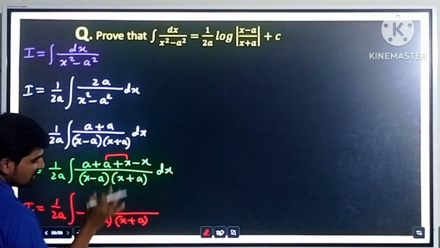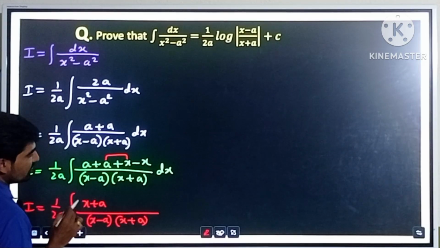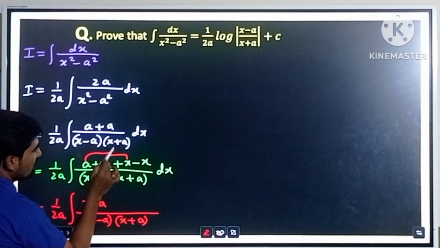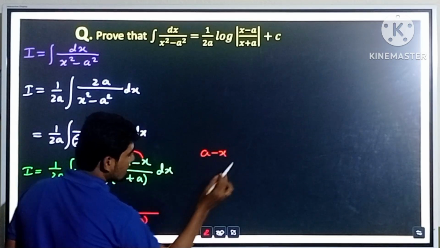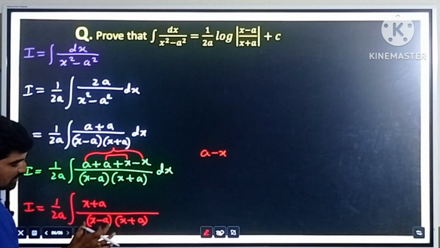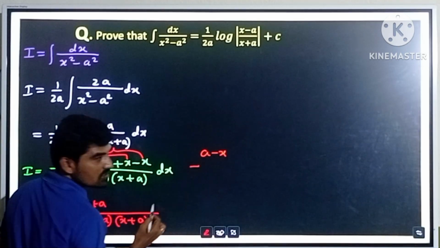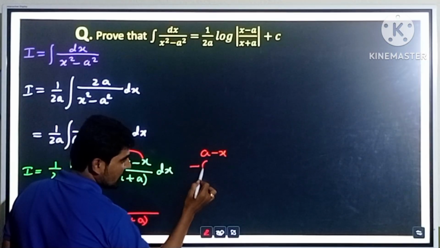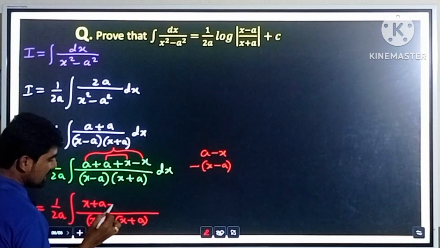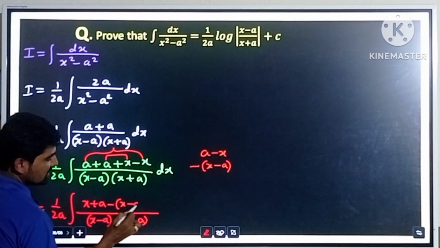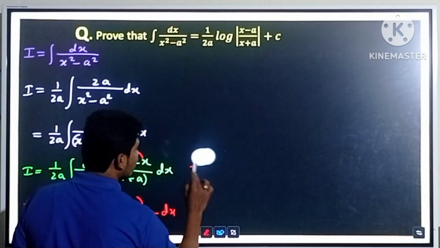Here a plus x exists, so it can be written as x plus a. Again after x plus a we have plus a minus x, but in the denominator we have the factor x minus a, so in between these two I am going to take negative as common. If I take negative common, a minus x becomes x minus a, therefore minus of x minus a with respect to x. I hope all of you understanding.